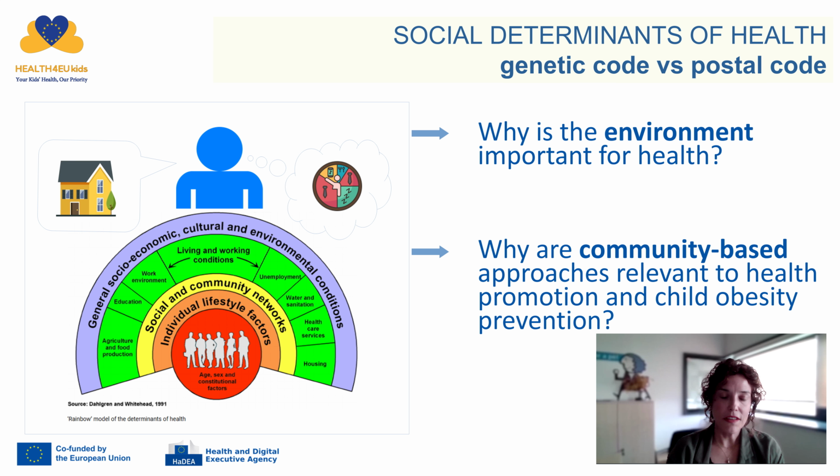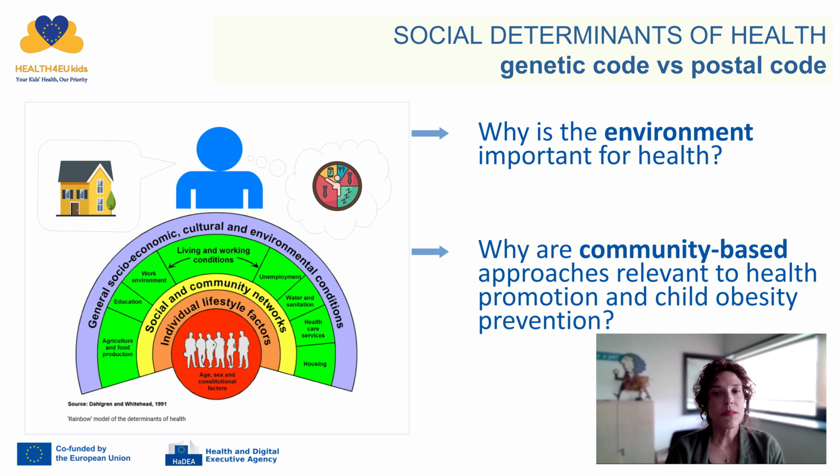But in the next layers we also have individual lifestyles and other factors like the general socio-economic and cultural environment and conditions that can determine our way of life. So let's say that the postal code where we live is more important than the genetic code that we have.